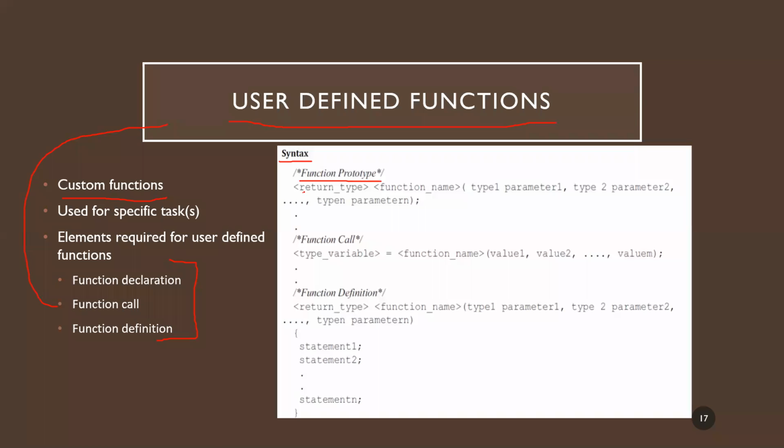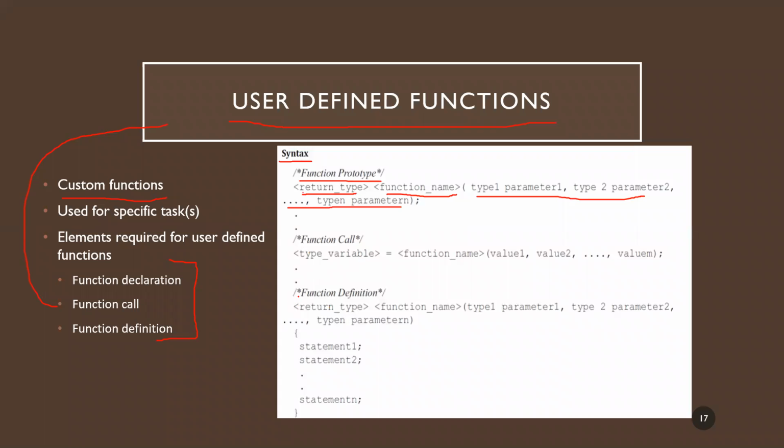The return type is specified over here, then the name of the function, and within the brackets you pass the parameters. A function can have either zero parameters or more than zero parameters, and the function can return only one data type, or it can return void, that is nothing. If the function returns nothing, we declare it as void.